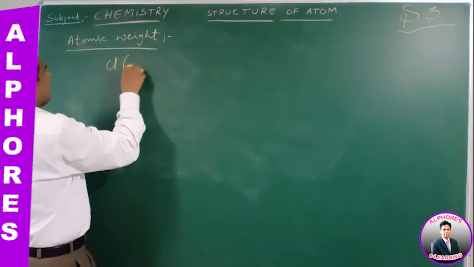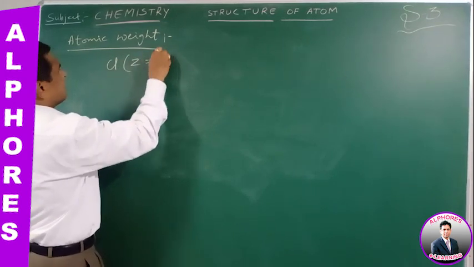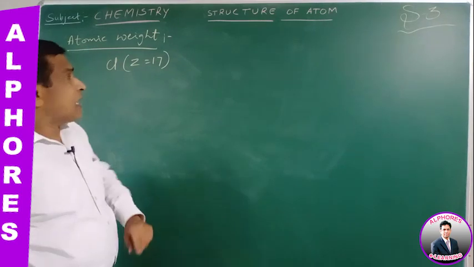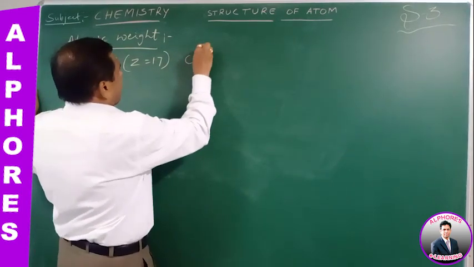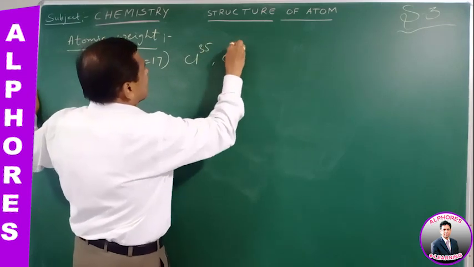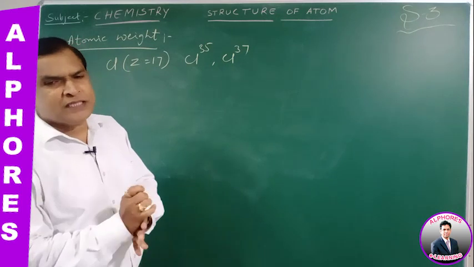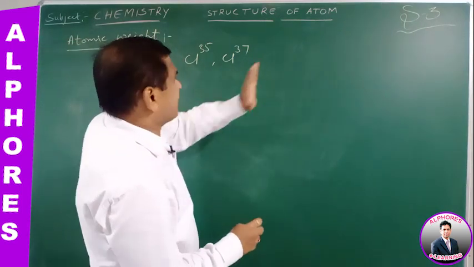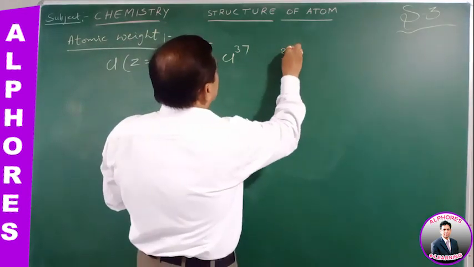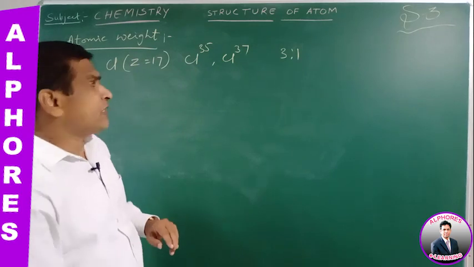Chlorine's atomic number Z is 17, and it is available as chlorine 35 and chlorine 37. The relative abundance of these two isotopes is 3:1.